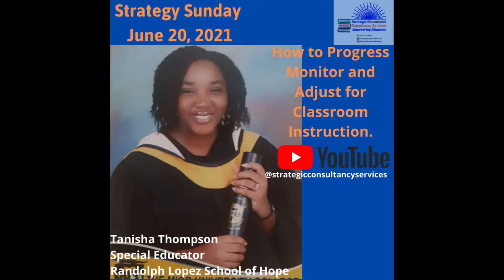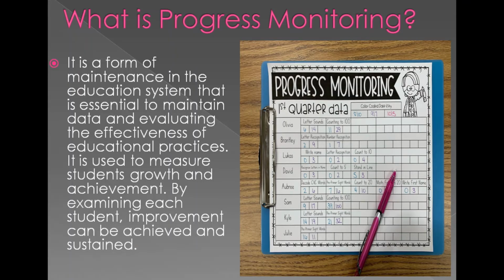Hello, my name is Tanisha Thompson, a special educator in the field of moderate to severe disabilities. The topic focuses on how to progress monitor and adjust for classroom instruction. So let me just jump right into sharing my knowledge and experiences.